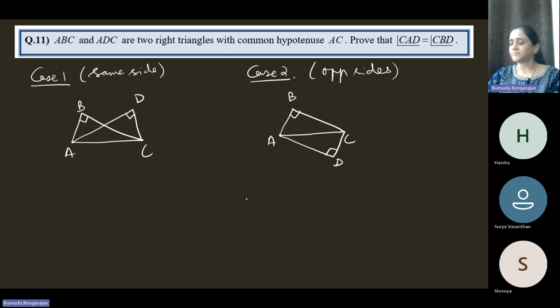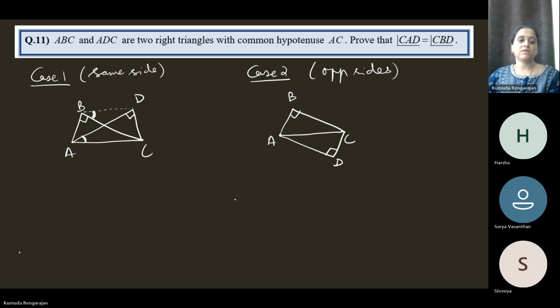Is that clear? You need to prove that this angle CAD is equal to CBD. So you'll have to join CBD, this one.